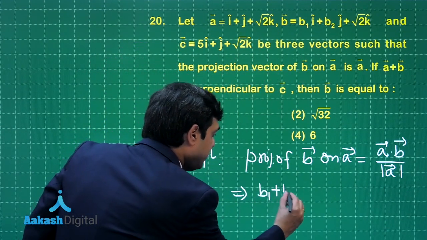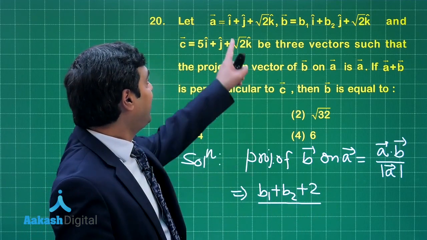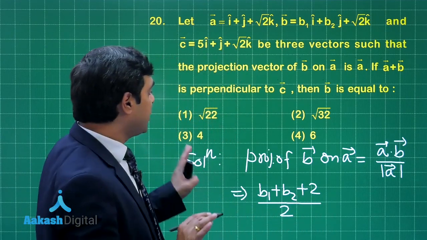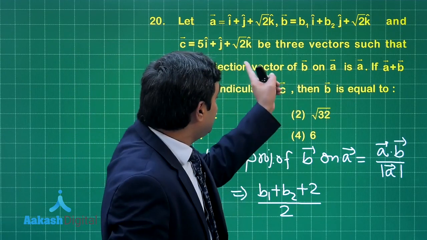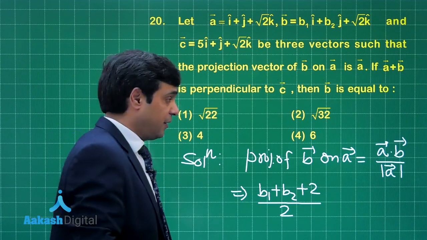So b1 plus b2 plus 2 divided by mod A, that is square root of 1 plus 1 plus 2, that is simply 2. This is the projection of B on A. Now, it is given the projection vector is A itself.